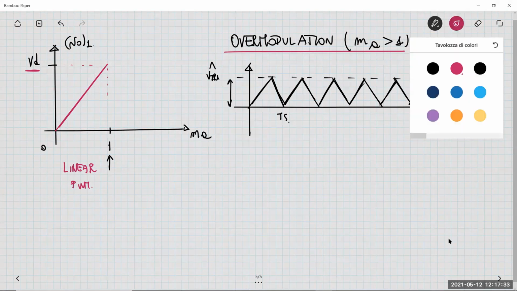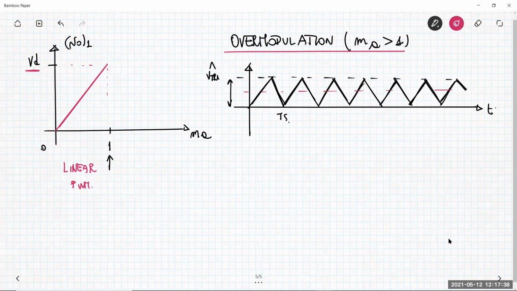Now I'm discussing something that occurs when the sine wave is free to exceed the amplitude. Okay, my drawing is not so good, but I hope that you catch the meaning.